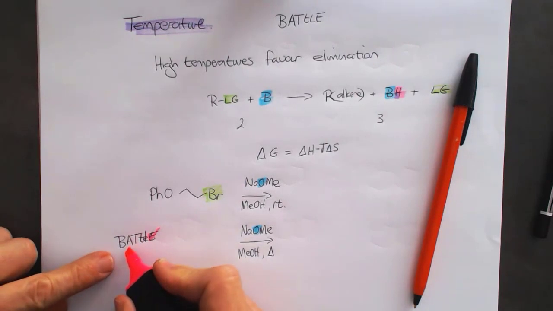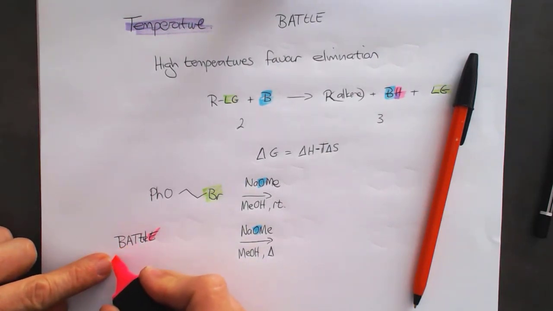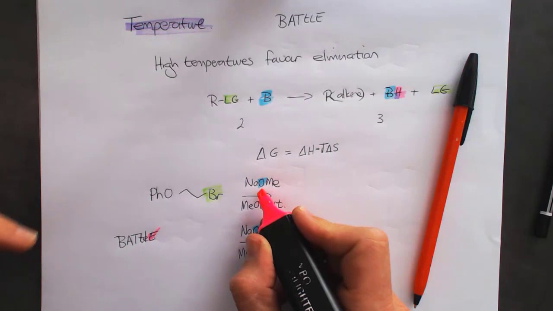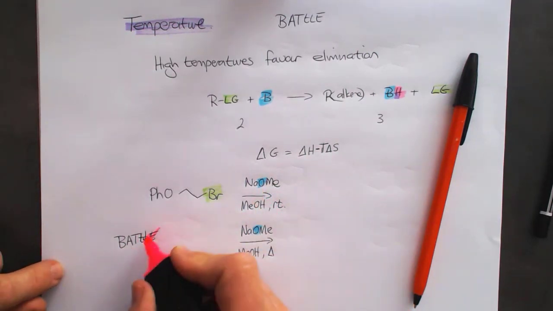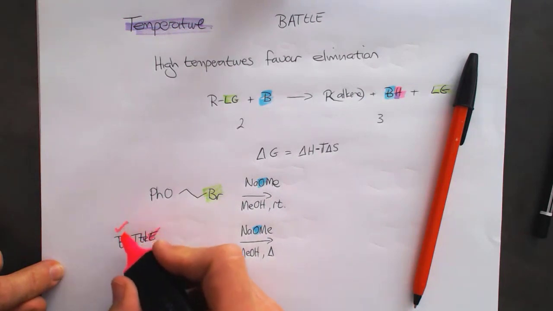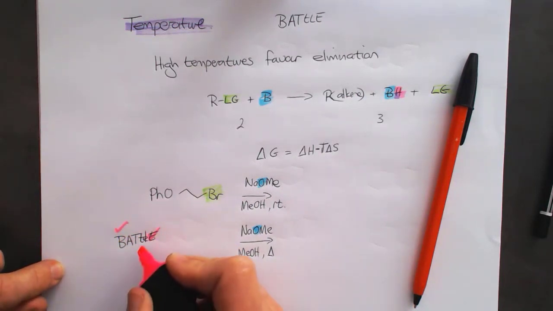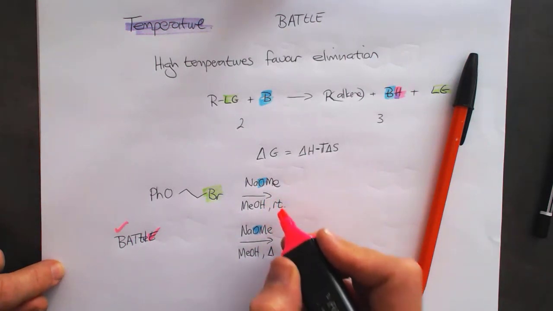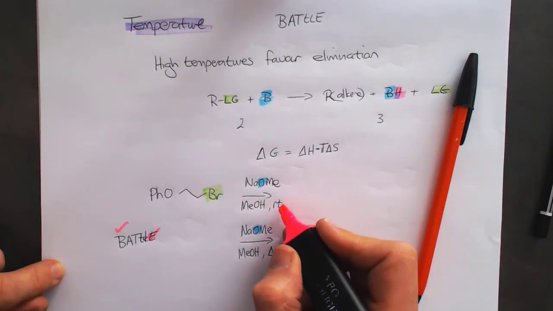So then we've got no acid to look at, but we look at the base. The thing with the base here to decide whether the elimination is occurring is that we've got an O minus, and an O minus is a strong base, but it's not bulky. Because it's not bulky, we sit in a little bit of a quandary here. We do have a strong base over here, but the temperature is at room temperature, which doesn't really favor elimination reactions.